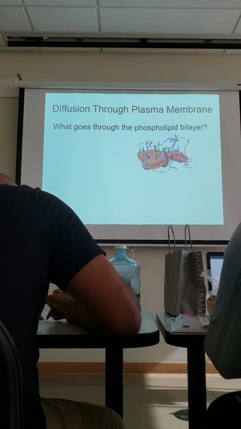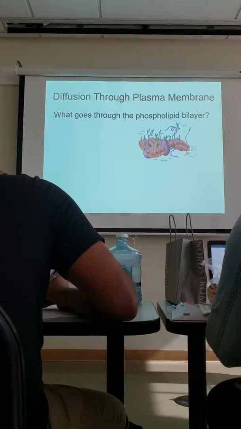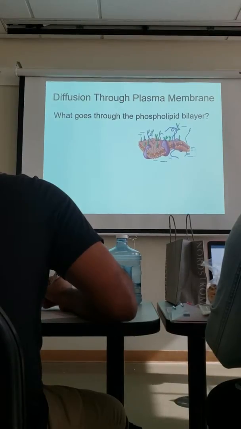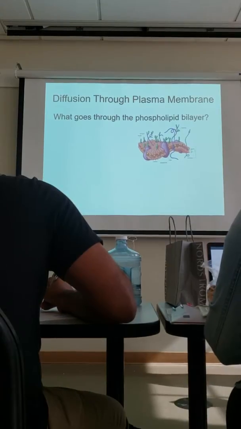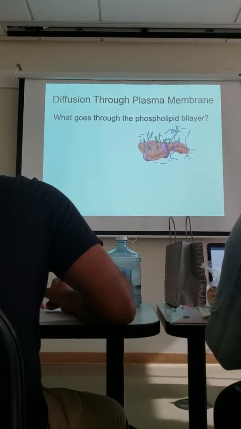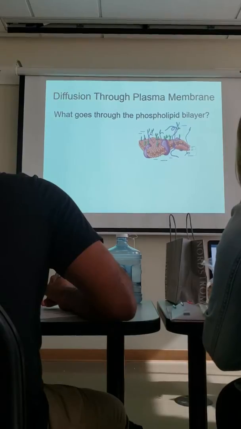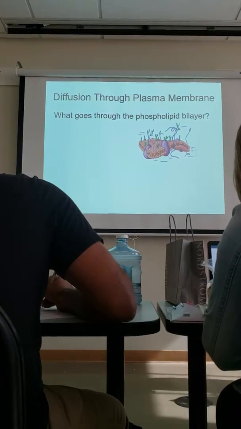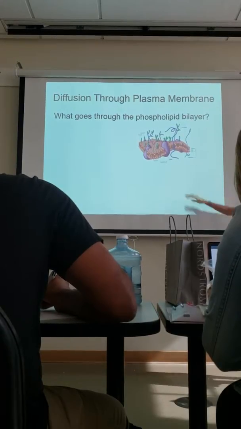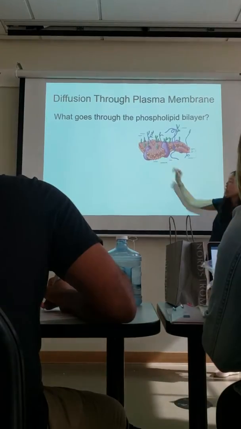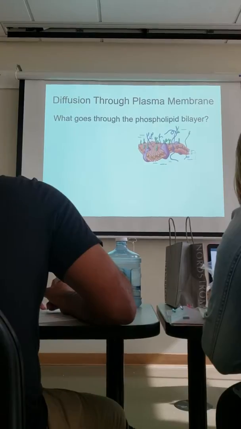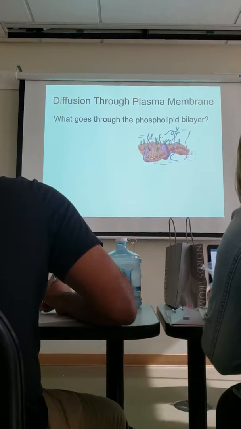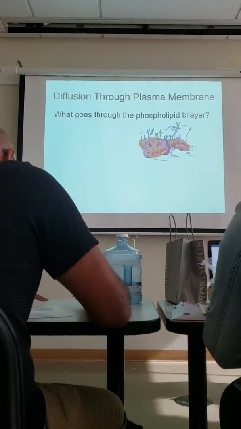All right, so let's now get more specific. Let's actually address the phospholipid bilayer. If we want to have diffusion through the plasma membrane, we have to review what the plasma membrane is made up of. Remember, the majority of the plasma membrane is this phospholipid bilayer. Do you guys remember that the phospholipid bilayer has these little heads, which are the balls, and then these little tails, which are on the inside?